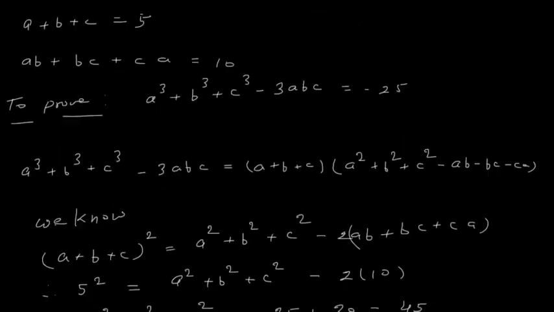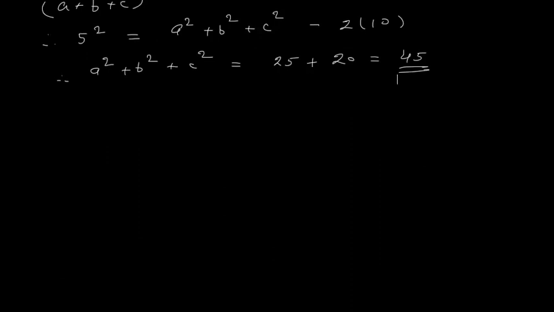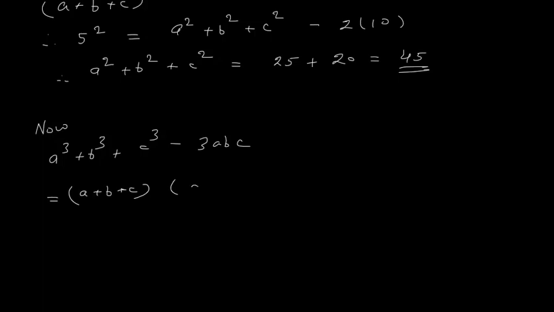Now, a cube plus b cube plus c cube minus 3abc is equal to (a plus b plus c) into (a square plus b square plus c square minus (ab plus bc plus ca)).